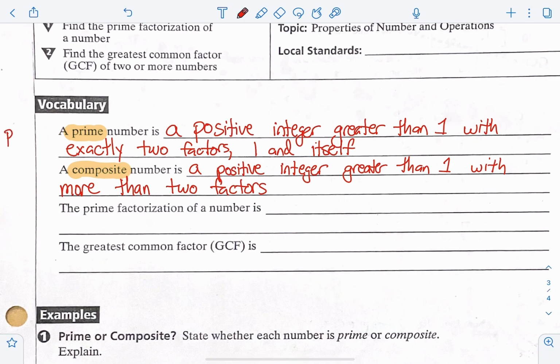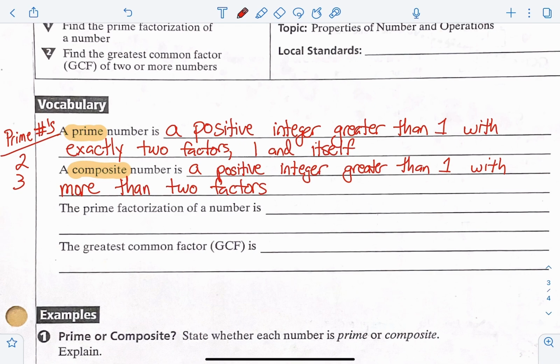So let's make a list of the first few prime numbers because that will help us with today's assignment. It has to be greater than 1, so we're going to start at 2. The only things you can put into 2 are 1 and 2. Then we have 3. The only things you can put into 3 are 1 and 3. We skip 4 because you could put a 1, a 2, or a 4 into 4, so it has more.